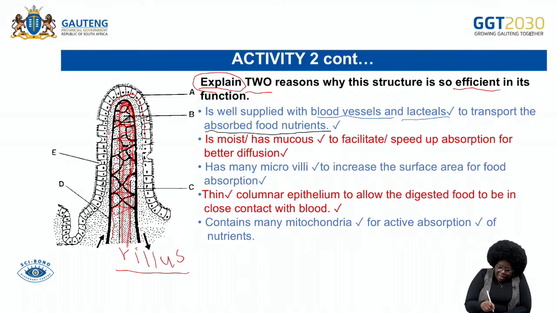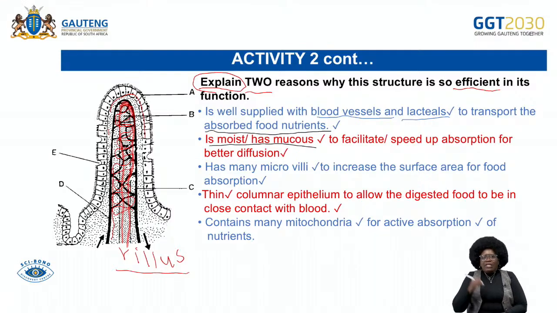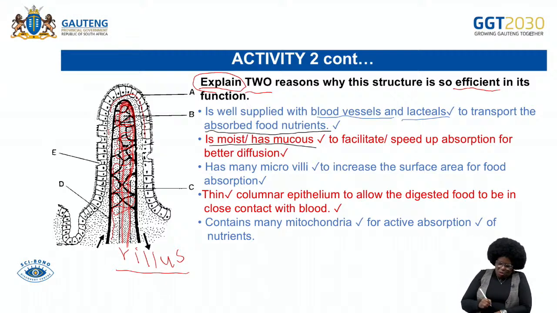And it is moist and has mucus. We just mentioned earlier on the presence of mucus. Which structure secretes mucus, by the way? Who can tell? It's goblet cells, all right? So we remember about goblet cells.